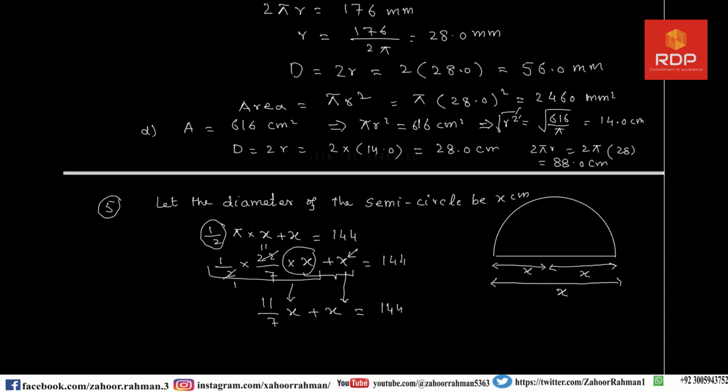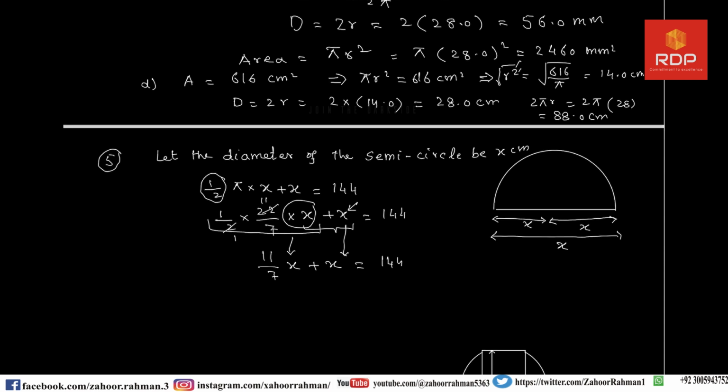Now this plus this x is this one, and from this whole we are getting this one. If we are taking the 7 as the LCM, so 11x plus 7x will be equal to 144.